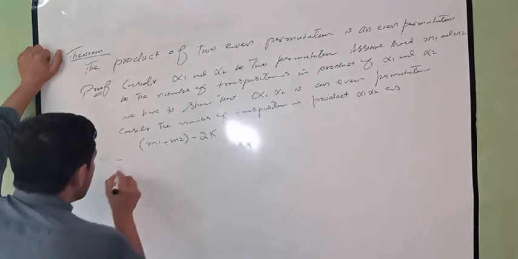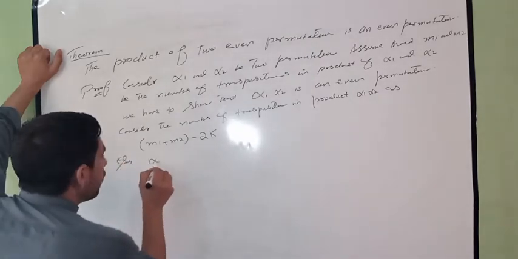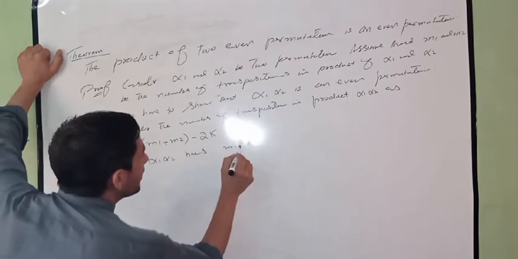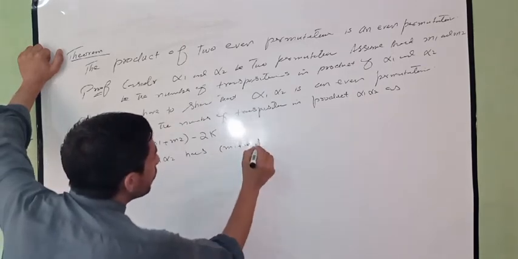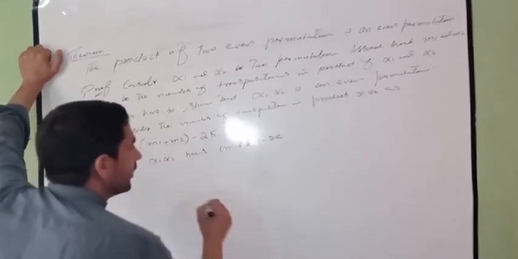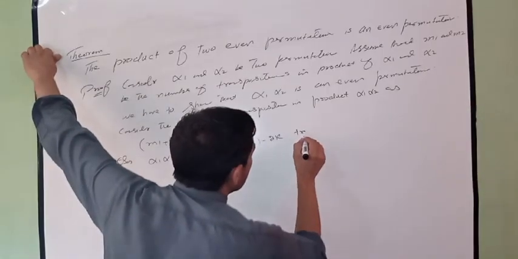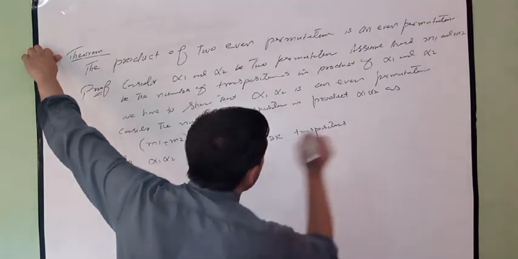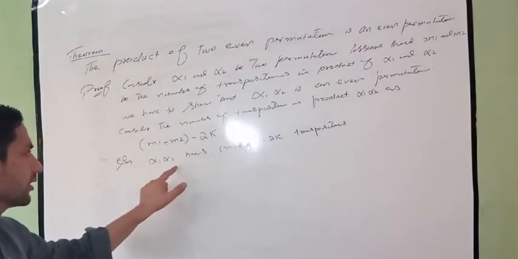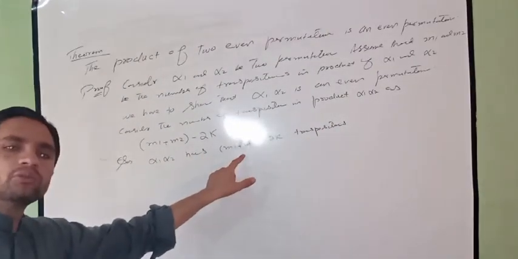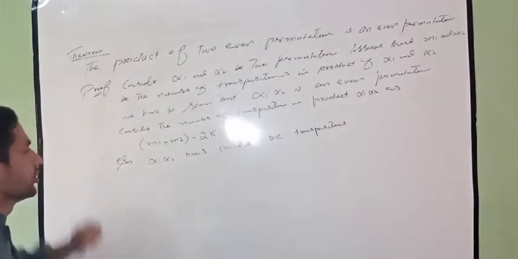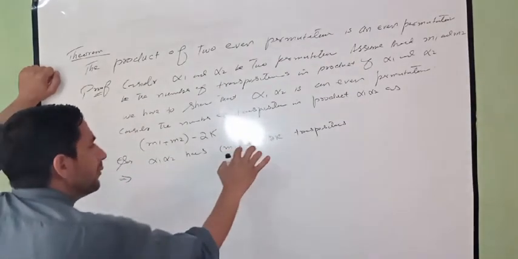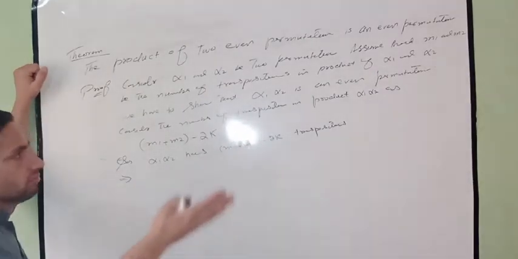Now we can say that alpha 1 product alpha 2 has m1 plus m2 minus 2k transpositions, and this implies m1 and m2 both are even.